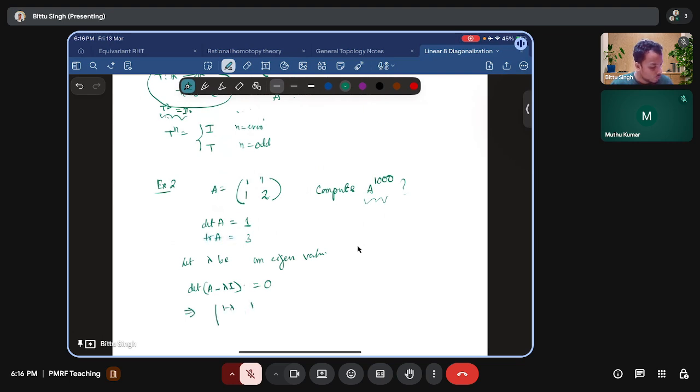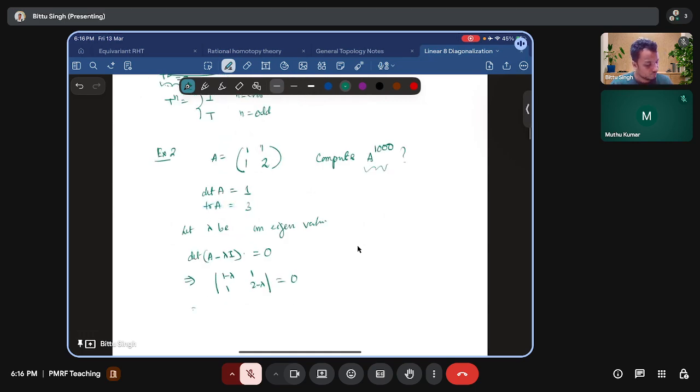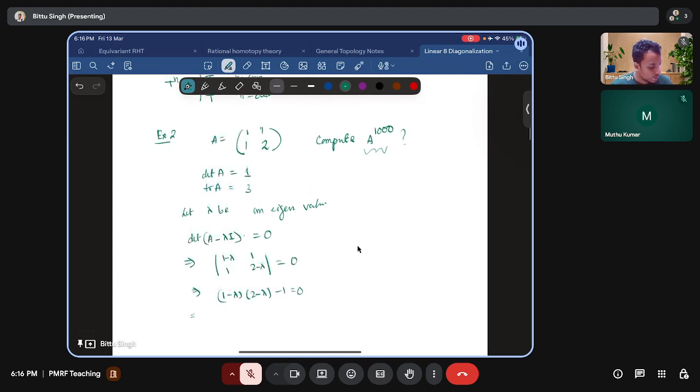Now, 1 minus lambda, 1, 1, 2 minus lambda equals 0. From here we get lambda square minus 3 lambda plus a constant equal to 0.